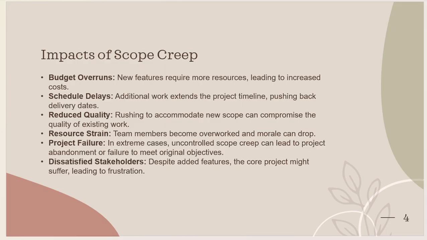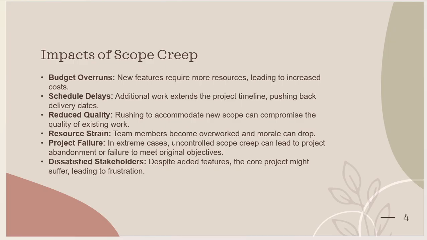So we need to continuously train and motivate them, make them happy, and make sure they understand why the work is important and that they are on the same page. Then project failure: because of scope creep, there is a high chance of project failure, because change requirements keep coming and we don't understand which are the important and urgent requirements.